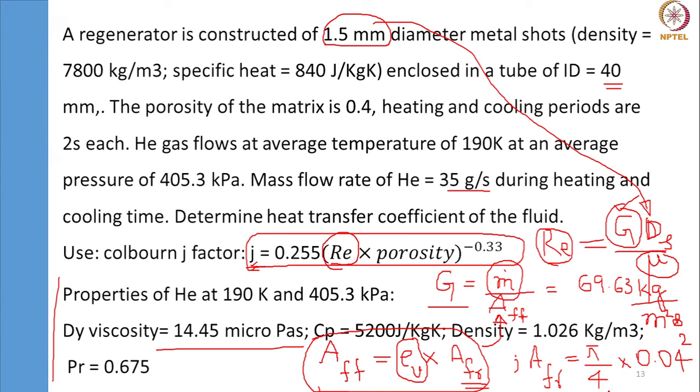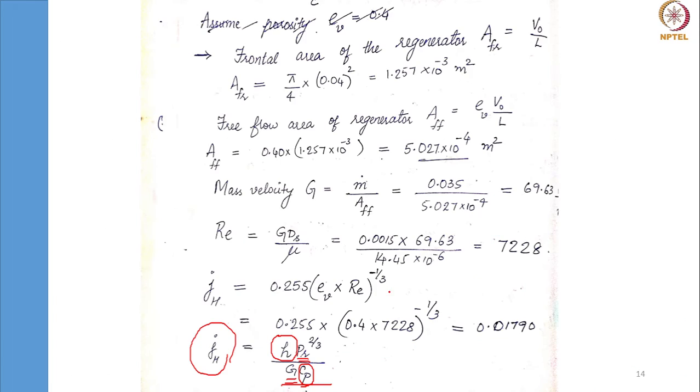Maybe there is a calculation mistake, maybe in the last step it is erroneous. So I'll just repeat what we have done. First, we find the frontal area, that is pi by 4 into the tube ID squared.